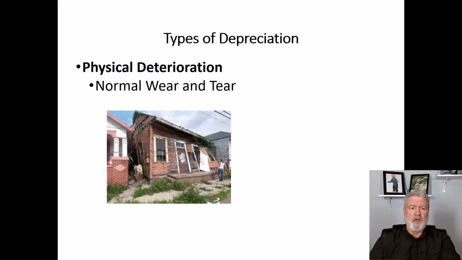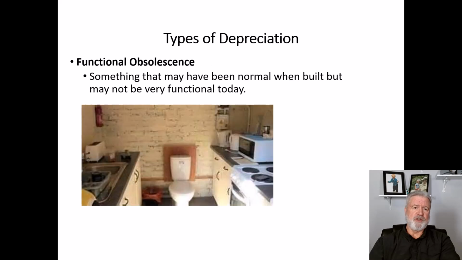But anyway, another type of depreciation is called functional obsolescence. Now, first of all, what does obsolescence mean? If you don't know, you need to know. It just means depreciation. And when we're talking about functional obsolescence, that means there are things about the property or about the house that maybe when the house was initially built, that was what was common, that's what people wanted, they preferred.